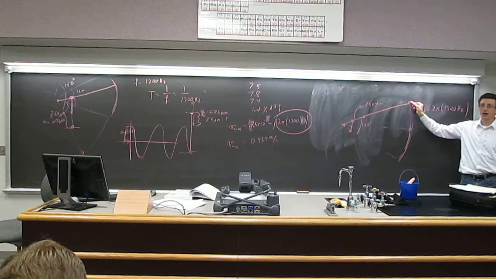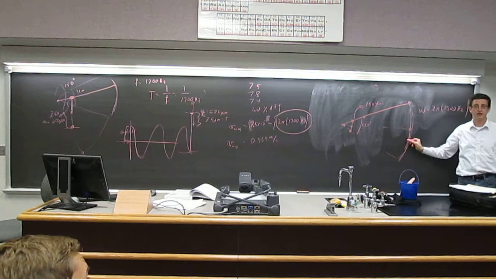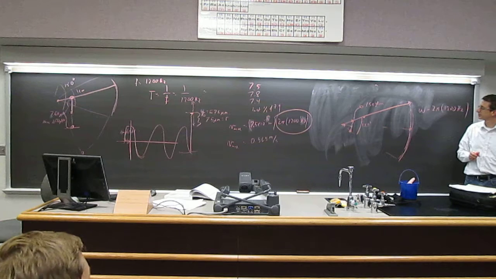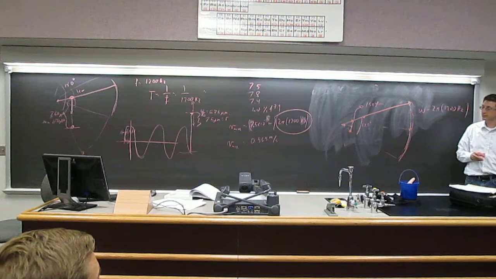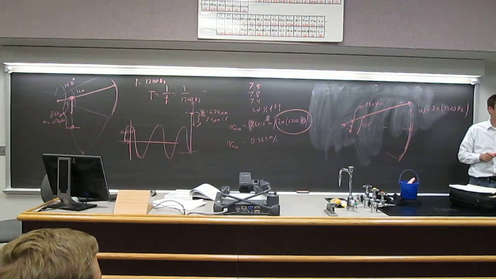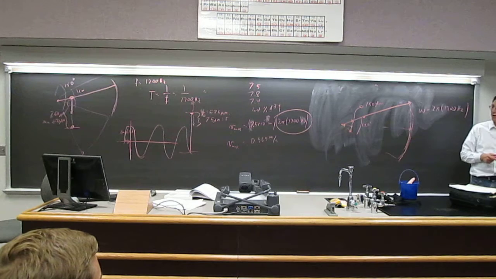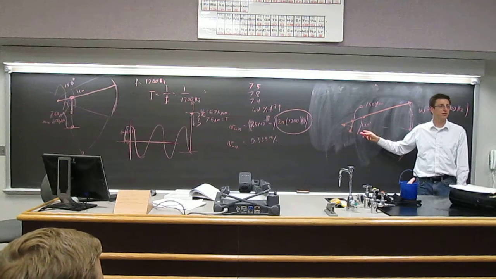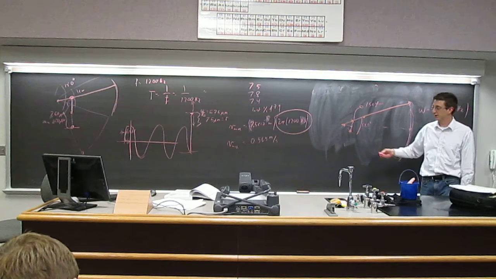Now, how far did it actually move in this time? 2.62 radians? Okay, so let's convert this 150 degrees to radians. It's always good to do that, if we can.